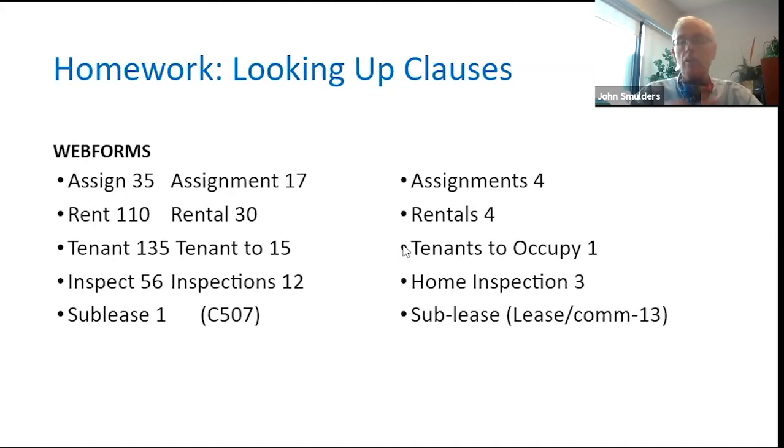So yes, you can interchange the conditions or clauses between residential and commercial. You just have to be sure that you are reading the document well enough that you have said the commercial component instead of a residential component.